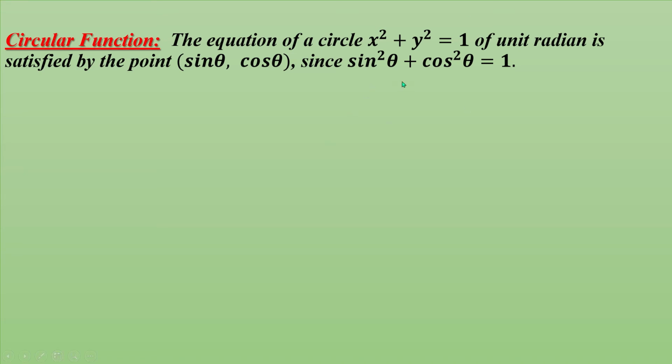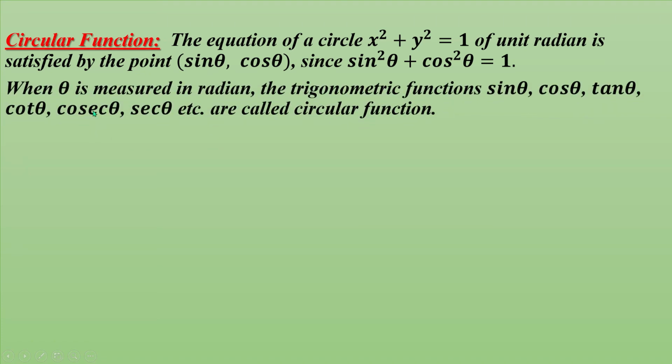Since sin square theta plus cos square theta equals 1, when we put x equal to sin theta and y equal to cos theta, we get sin square theta plus cos square theta, and we know the relation sin square theta plus cos square theta is equal to 1. So the equation of the circle will be satisfied by using this point. Clear?